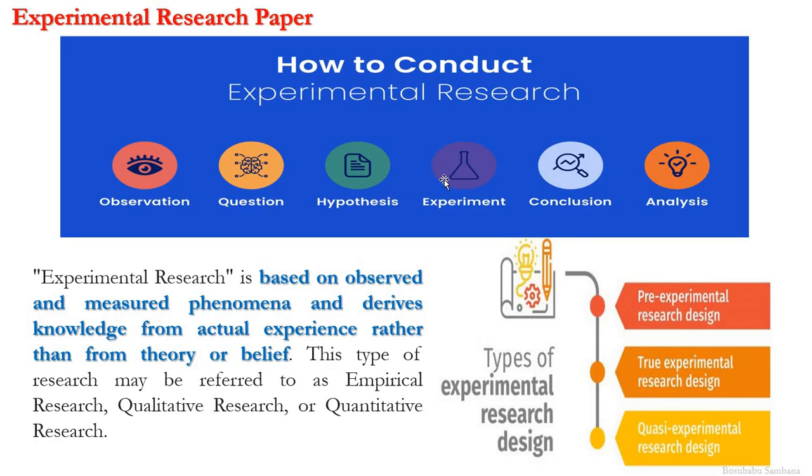Next, experimental research. Experimental research is very useful in research areas. While writing an experimental paper, the researcher, scientist, academician, or student must describe the whole experimental process in a descriptive and detailed, formal way.